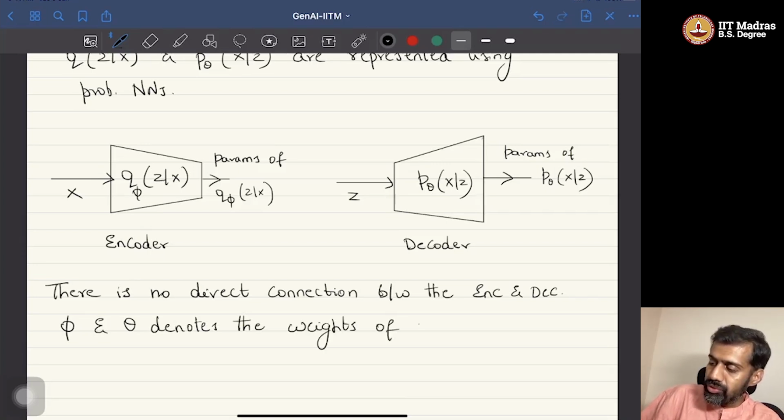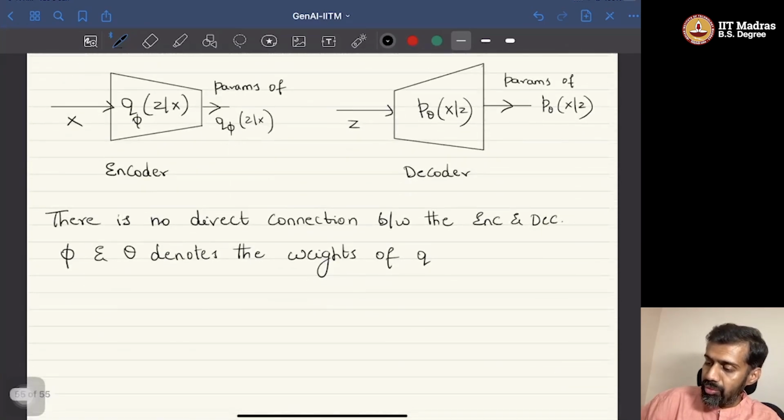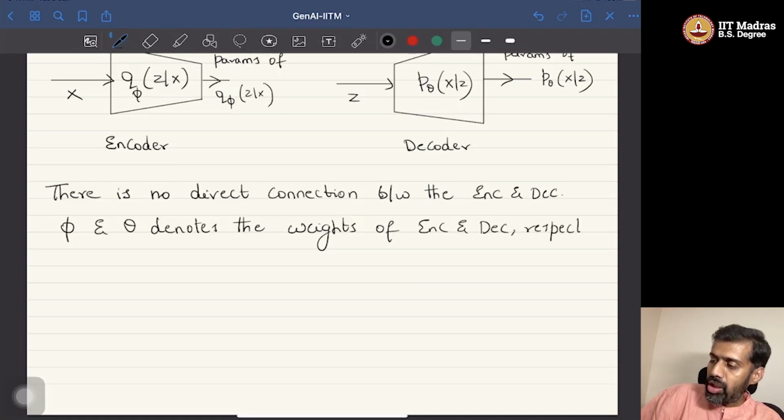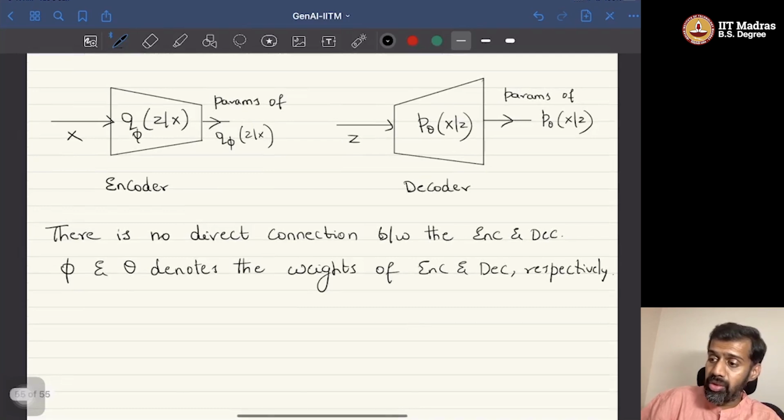So phi and theta represent the weights of the encoder and decoder respectively. They are not the parameters of the distribution that we are modeling. The parameters of the distribution that we are modeling are the output of these neural networks.